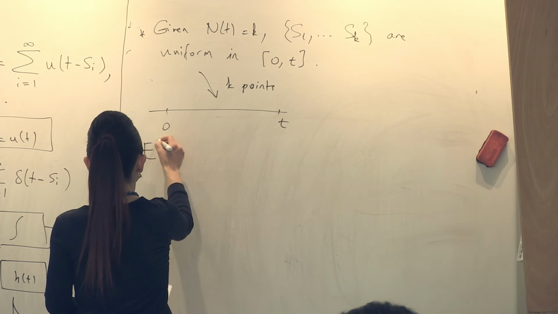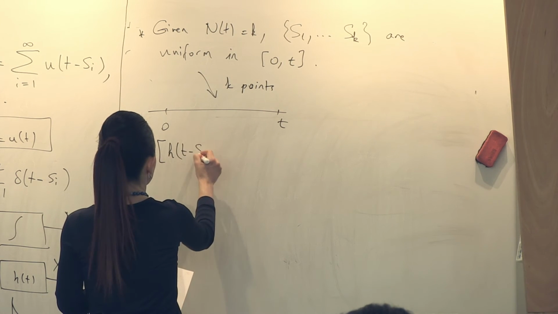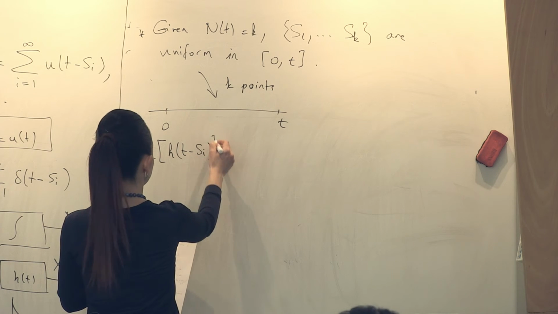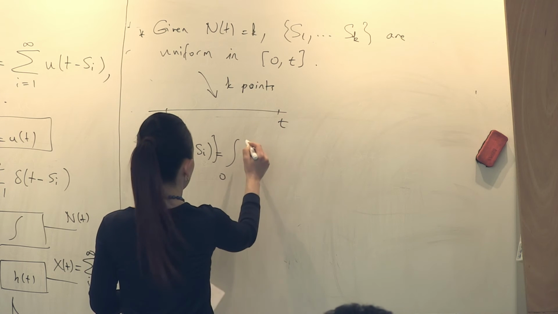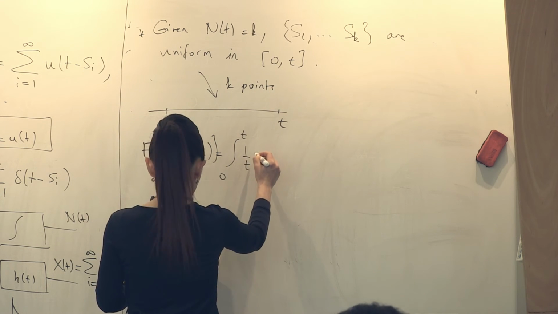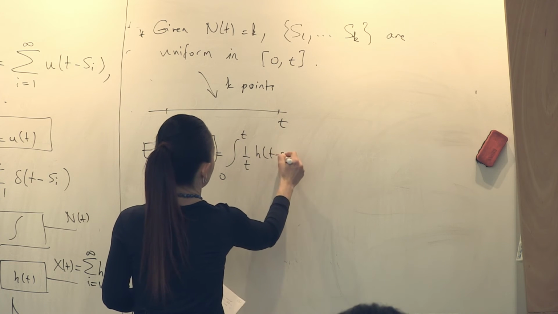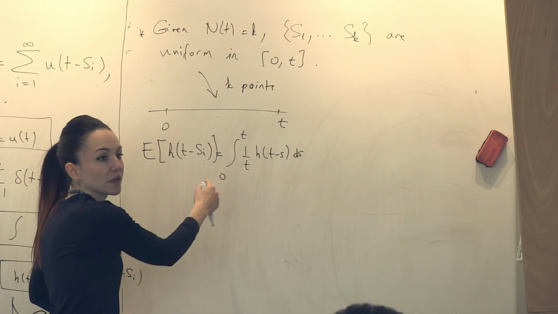The expectation of h(t minus Si) equals the integral from 0 to t of 1 over t times h(t minus s) ds. What is 1 over t?